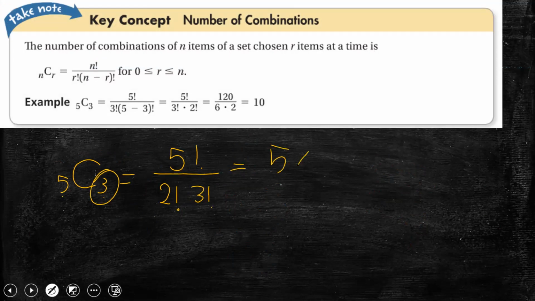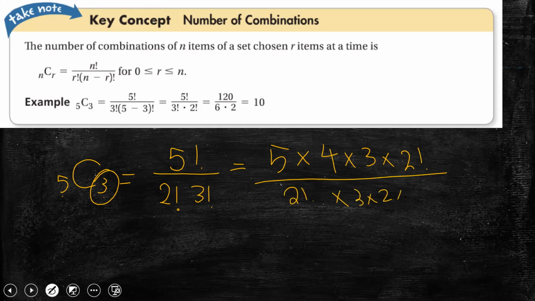So it is 5 times 4 times 3 times 2 factorial over 2 factorial times 3 times 2 times 1. You will find that the answer is 10.